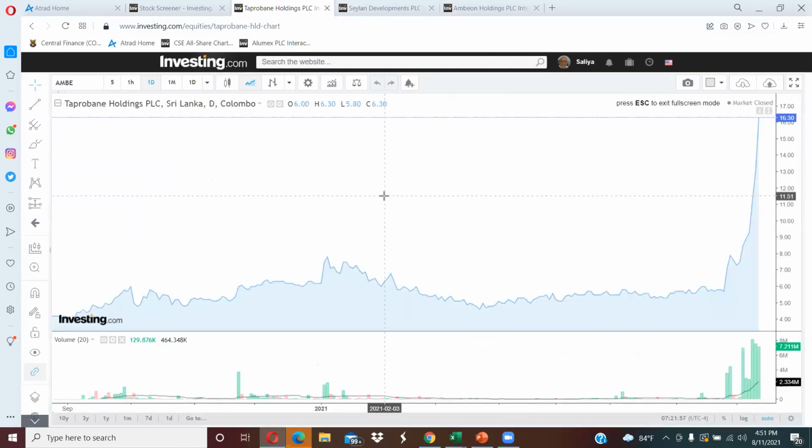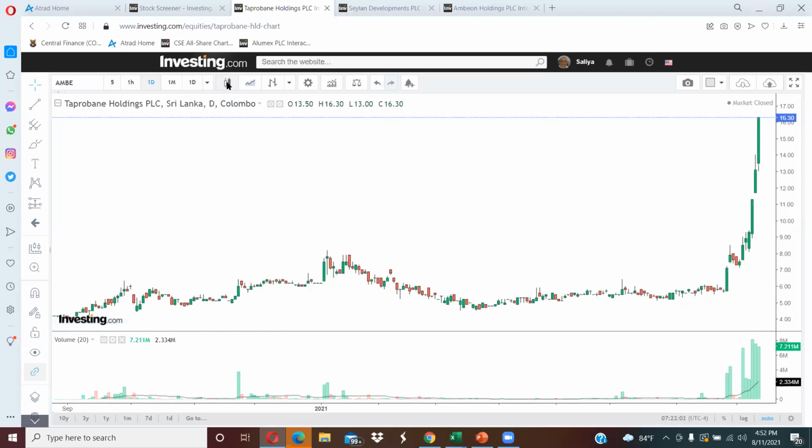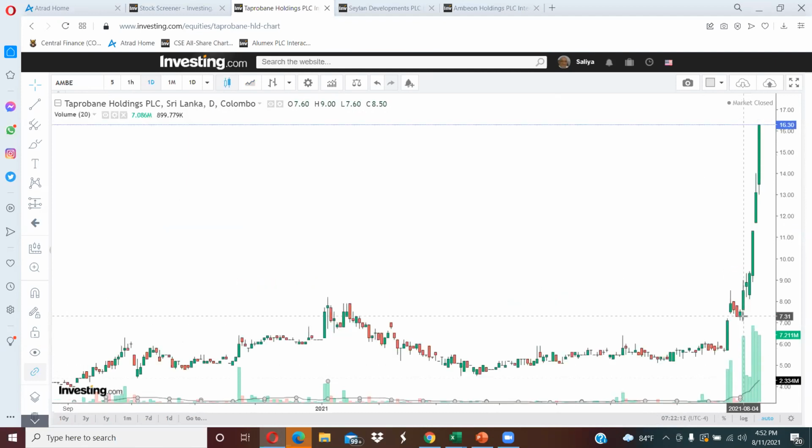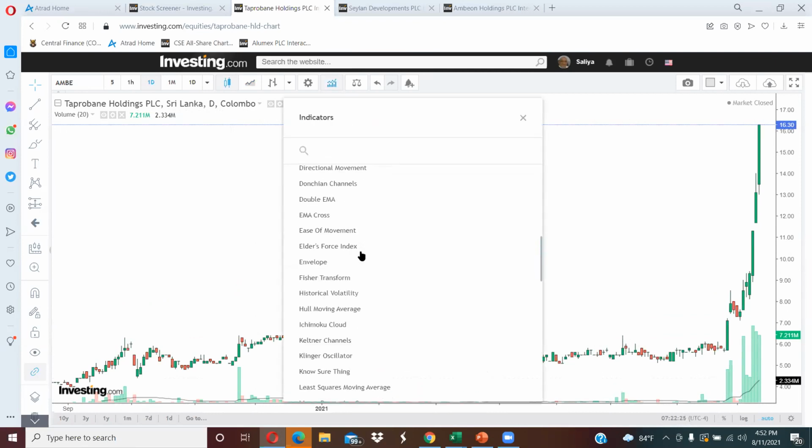Right. Thereafter, we are going to change our chart style to candle. Now we are at Taproban. Then we will be using the 100-day moving average, 100 period exponential moving average.